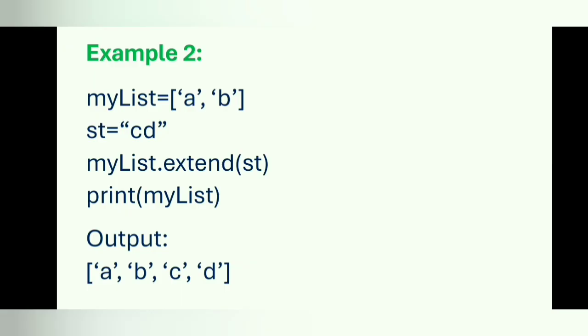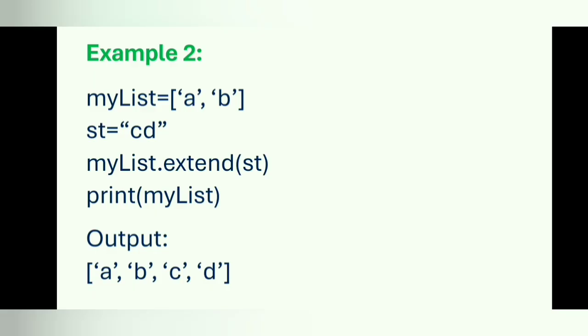The extend method can work with various types of iterables such as lists, tuples, sets and strings. In the case of a string, each character will be added separately at the end of the list. In this example, the extend method adds each character of st to the end of mylist.